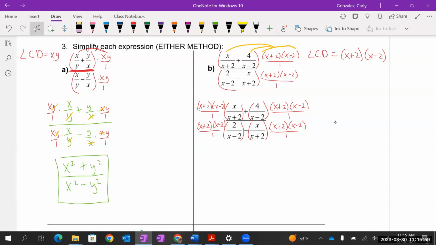Okay, so now I'm ready to cancel, because these are factored and those denominators are just unique expressions that are identical.